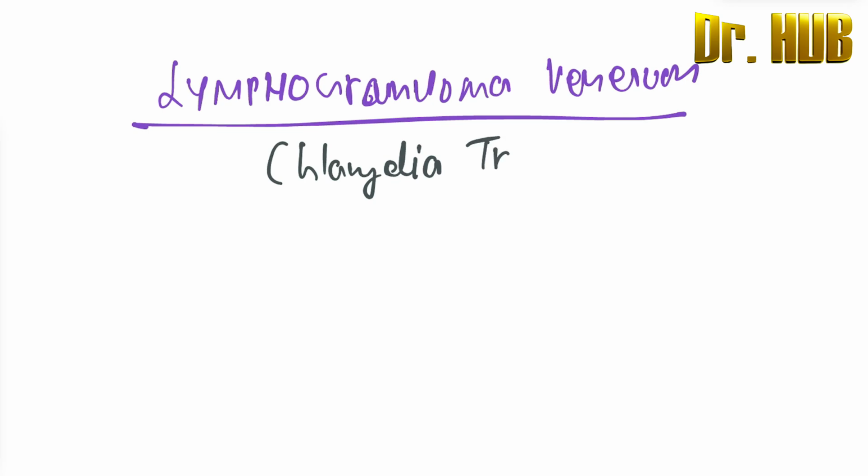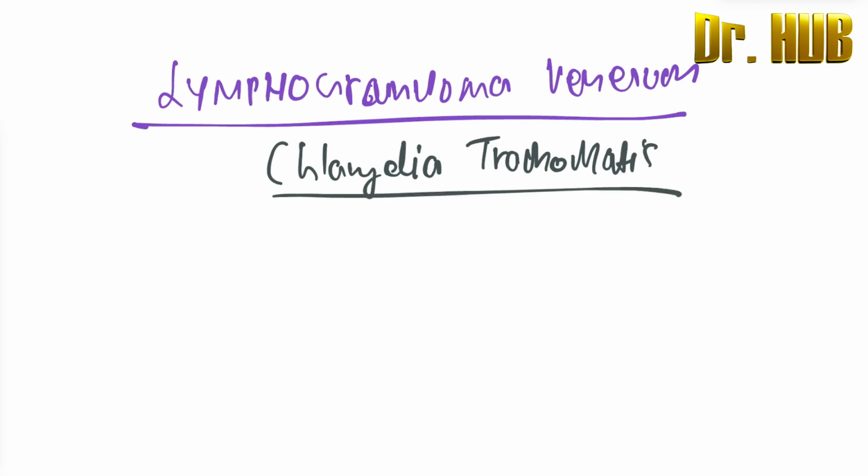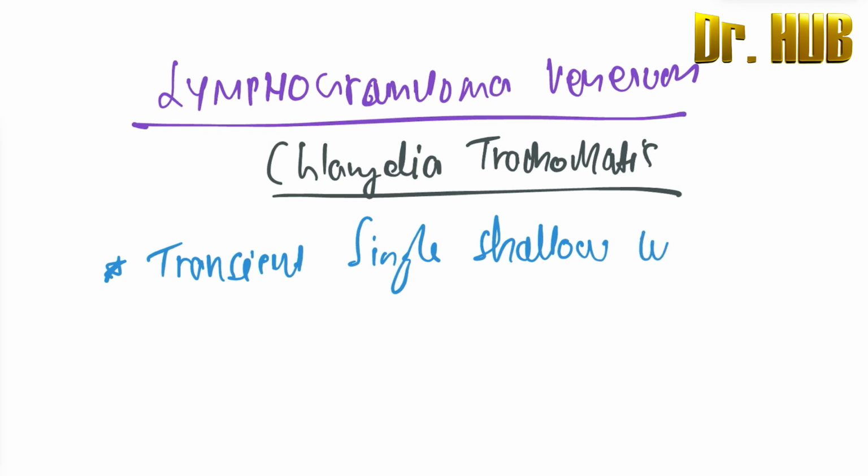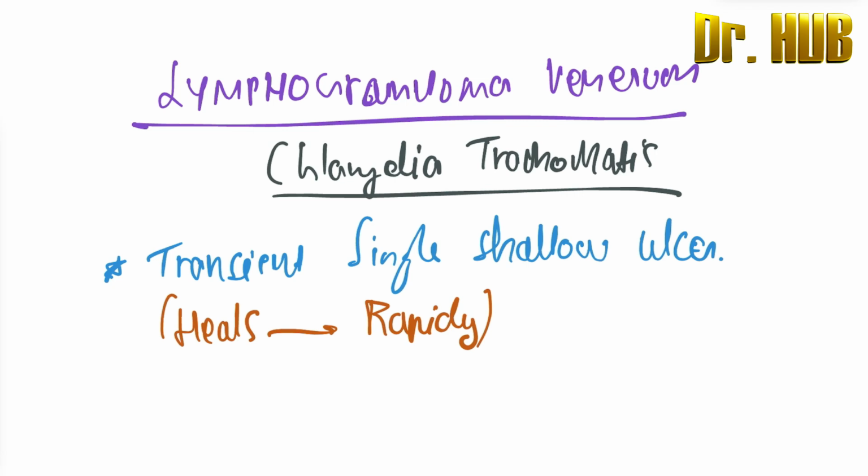It is caused by Chlamydia trachomatis, and it usually presents with a transient single shallow ulcer. It heals rapidly and usually goes unnoticed.